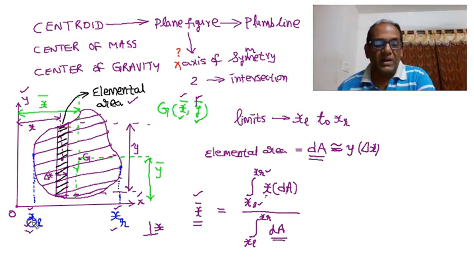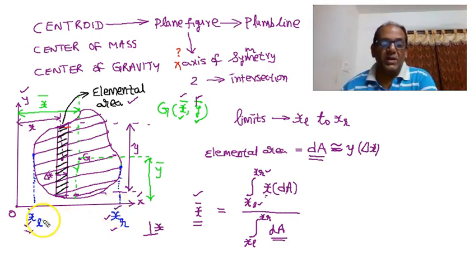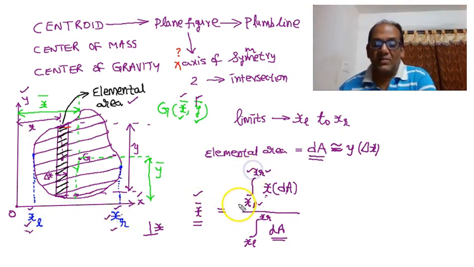Then we identified the limits of integration. This xl is the leftmost point, xr is the rightmost point. You identify the x coordinate of the leftmost point and the x coordinate of the rightmost point, and we use them as limits of integration.